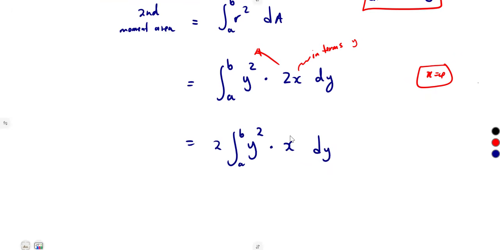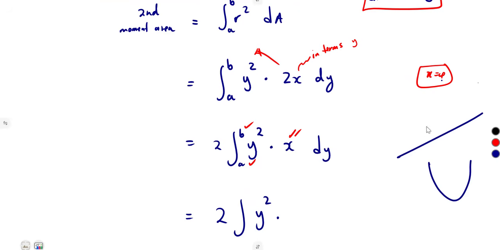So let's substitute our x and the limits. That's the integral of y squared times our x. Our x is 4. But if it is any line or a parabola, it is going to be x in terms of y, maybe 3 over 2y plus 7, and you substitute that.